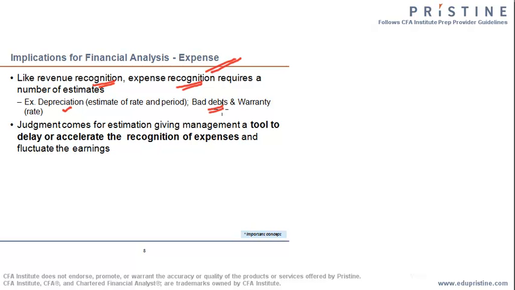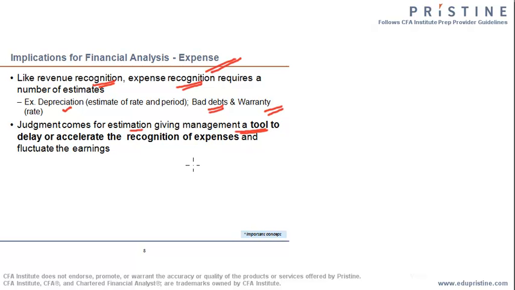For bad debt, we need to estimate the likelihood percentage of sales resulting in a bad debt. For warranty expense, we need to estimate how many customers could actually come back to us for replacement of the product or components under the warranty scheme. Hence these judgments in estimations also become a management tool to manage their earnings.